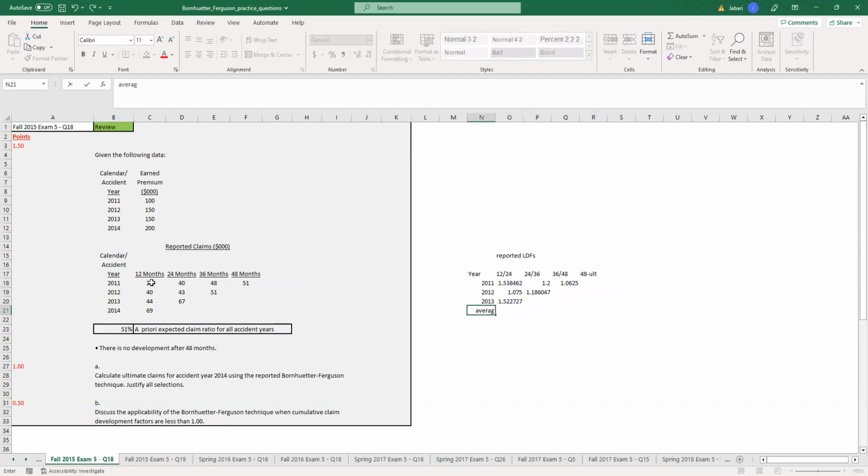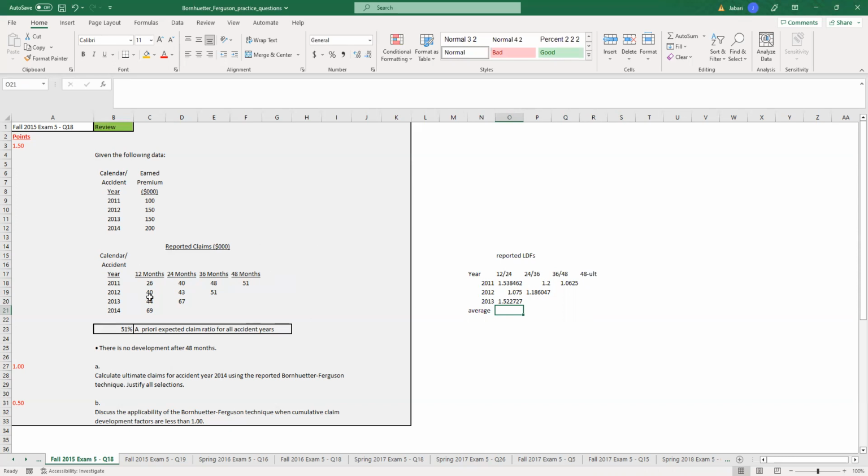So then you can take the average for all of these, and actually looking at the first month here, it goes from 1.53 to 1.52, and then if we go over to the actual claims, we see that it jumps up from 26 to 40 here, right as this goes down.